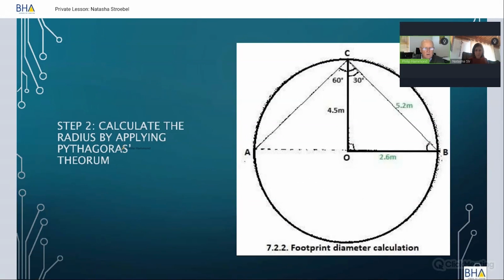There's Pythagoras' theorem. So we say, okay, we know we've got 4.5 meters. That's the height, because they told us it's 4.5 meters. And we know the beam angle is 60 degrees for the light fitting. We've got a right angle triangle, and that vertical cuts the beam angle in half.